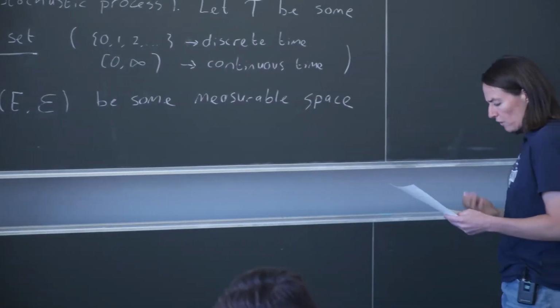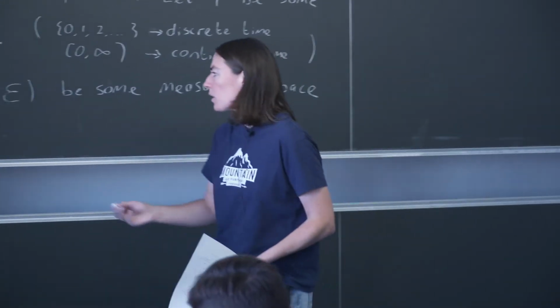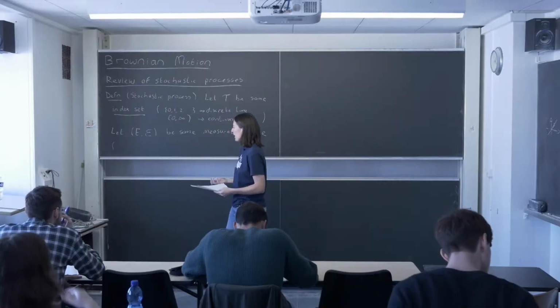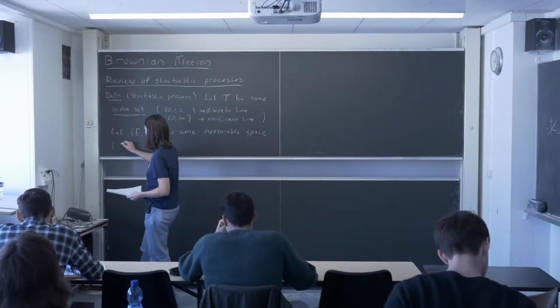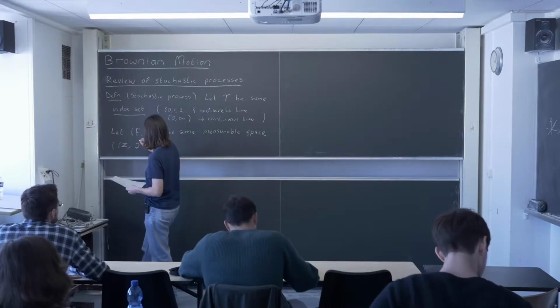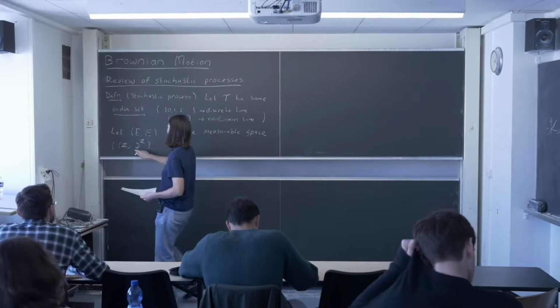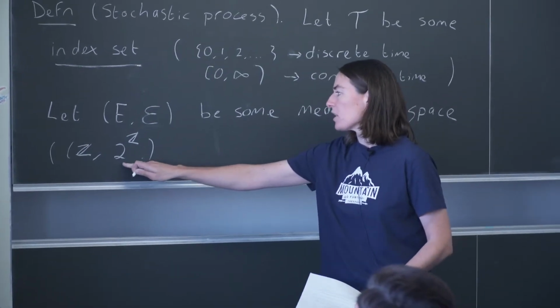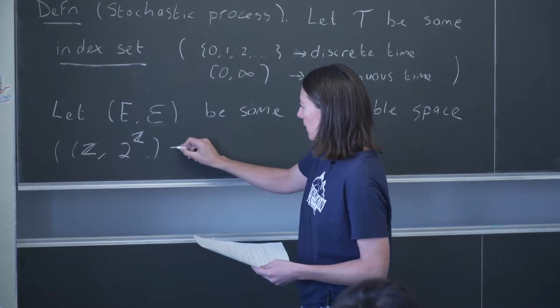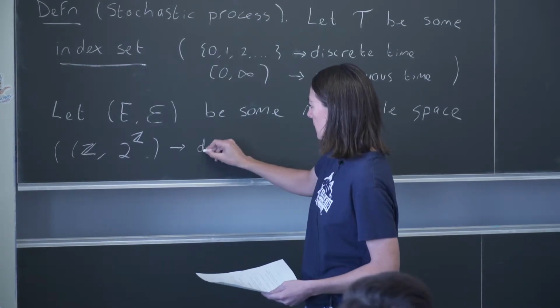And again, what are the sort of things to have in mind? Well, again, we can have a discrete measurable space or a continuous measurable space. So for a discrete space, you might want to be thinking about the integers together with the power set on the integers as its associated sigma algebra of measurable sets. So this is going to be discrete space.